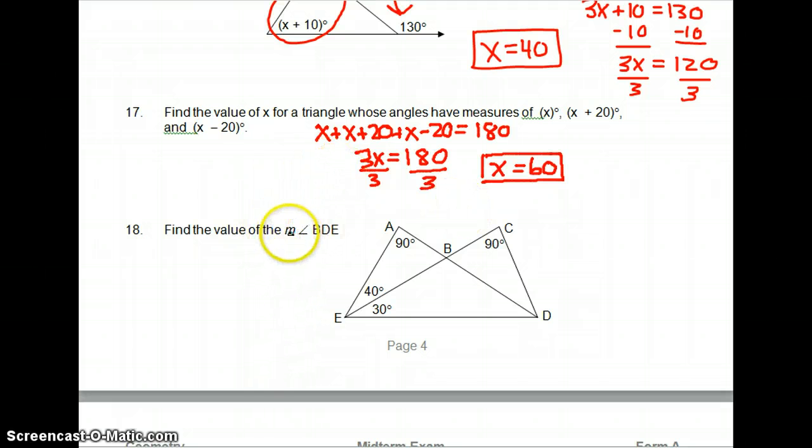Okay, down here we're looking for the measure of angle BDE. So if we outline BDE, B to D to E, we're looking for this angle down here. Well, there's a couple ways we could do this. The first triangle I see is this one.